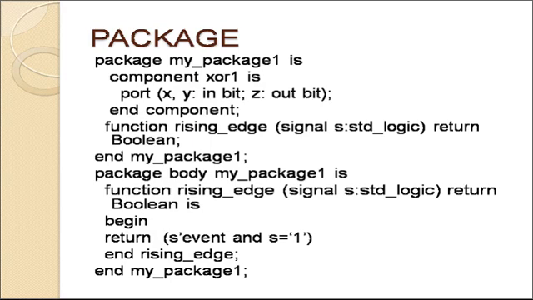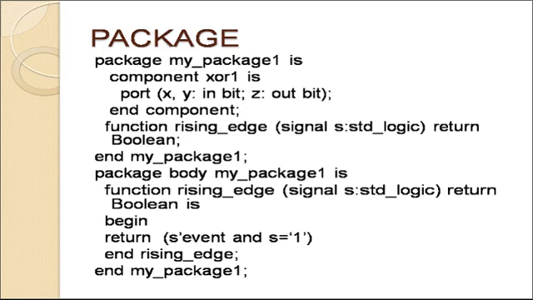This is another example of a package. Now the name of this package is my package 1, and in this package the component XOR1 is declared and the function rising edge is also declared, and here is the end of my package 1.